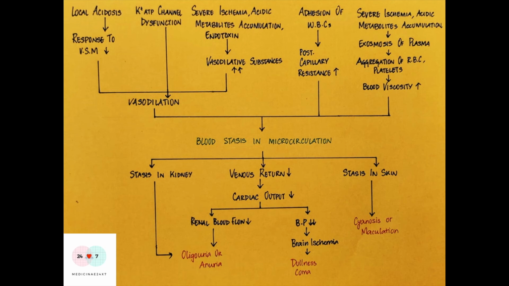We mentioned before that in the stagnant hypoxia stage, the primary consequence or the primary effect is vasodilation of the arterial and venular sides of microcirculation. The vasodilation is brought about by local acidosis, K plus Na plus ATP channel dysfunction, severe ischemia, acidic metabolite accumulation, and endotoxin accumulation.